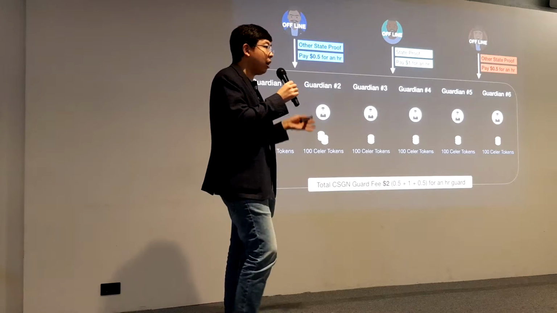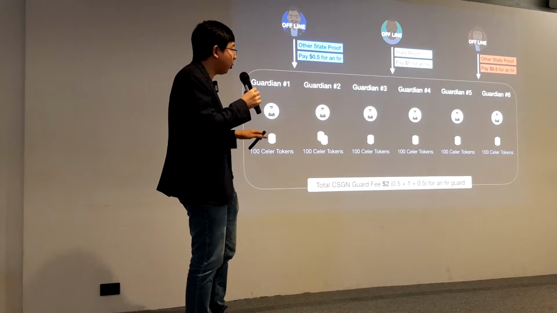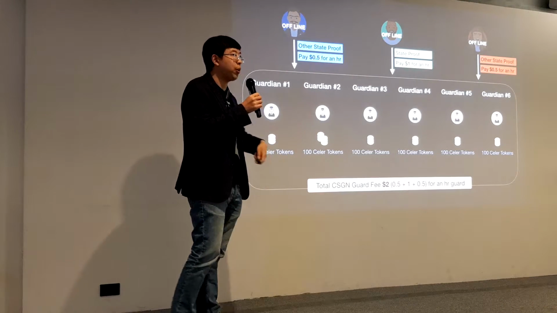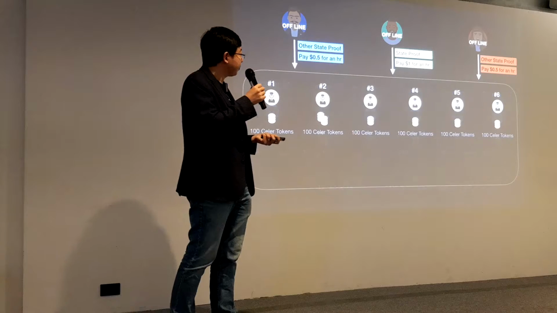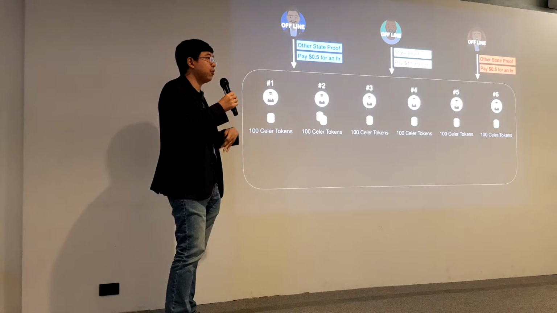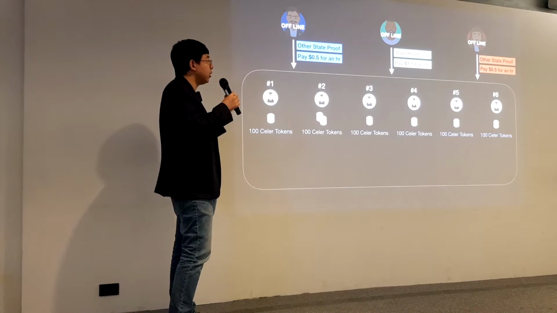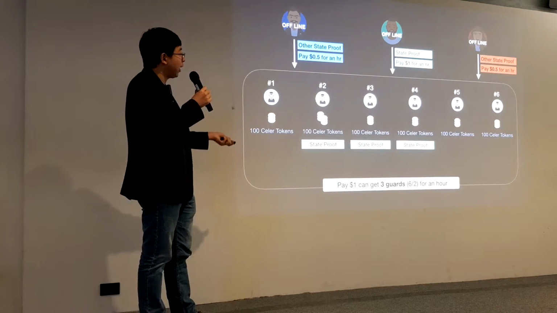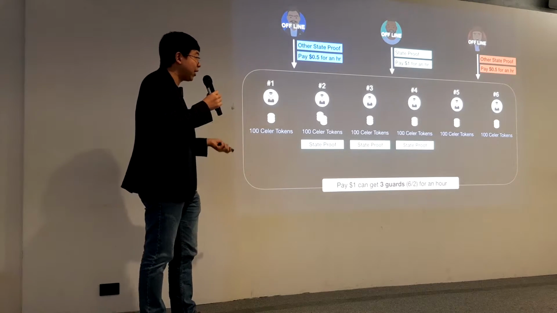Now, Bob constitutes half of the income flow, and therefore roughly half of the state guardians will be guarding the state for Bob. So it's basically proportional to the income flow you generate for the network versus the overall income flow received by the network.